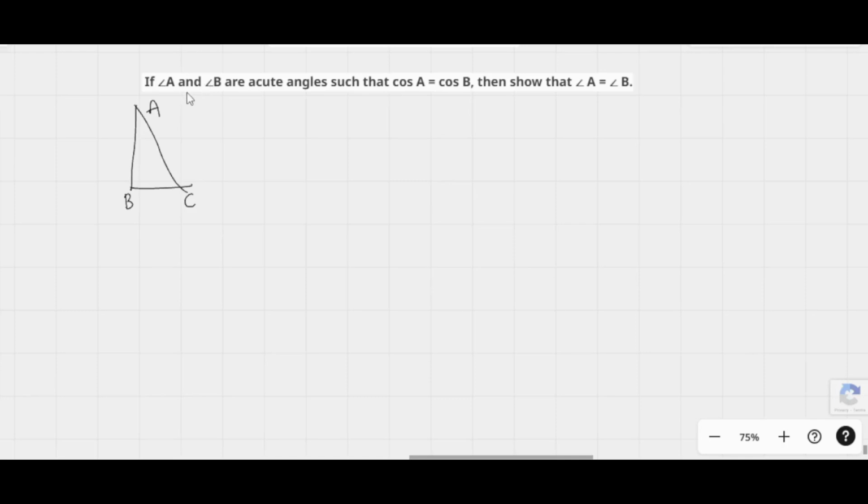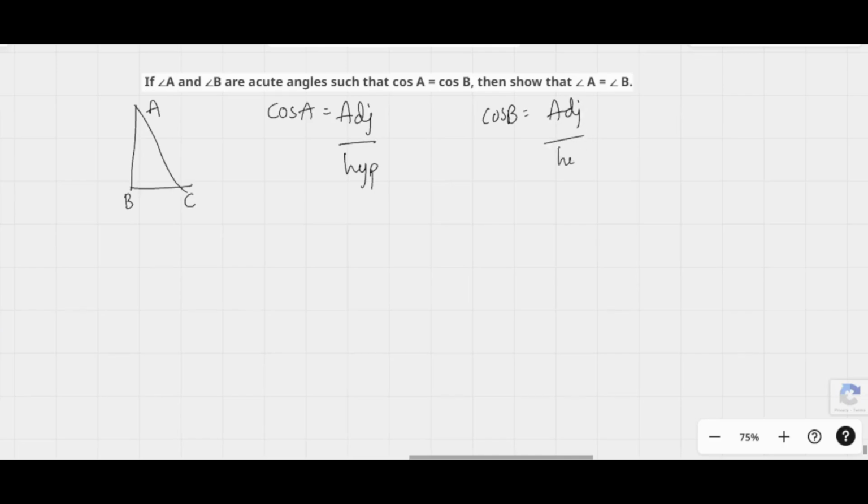They told that angle A and angle B are acute angles such that cos A is equal to cos B. Show that angle A equals angle B. So what is cos A? Cos A is adjacent by hypotenuse, right? Even cos B is also equal to adjacent by hypotenuse.